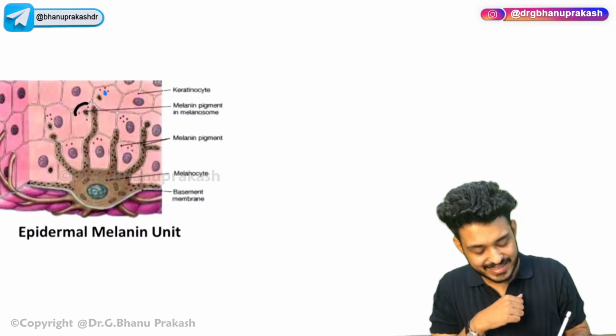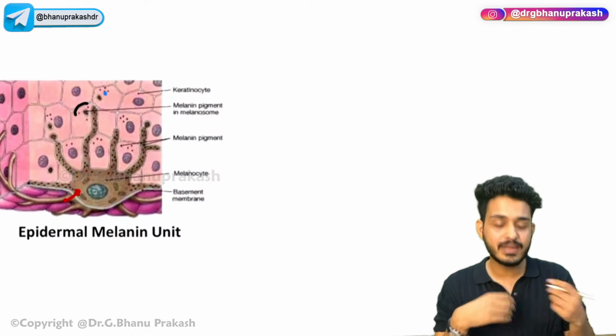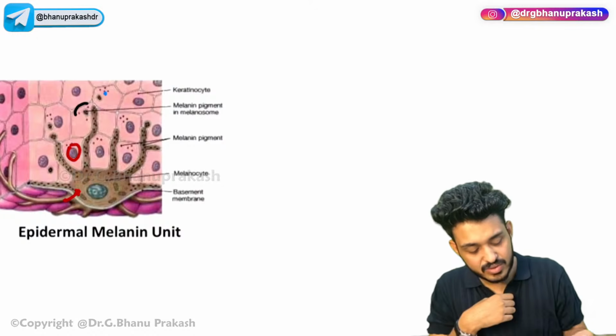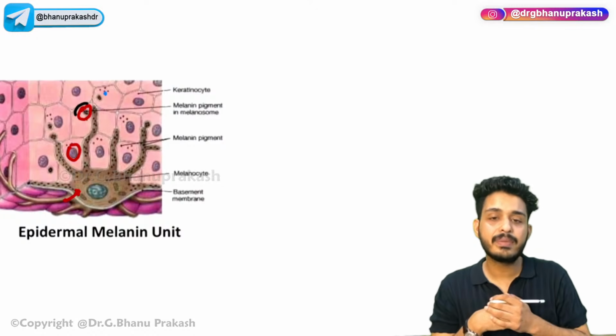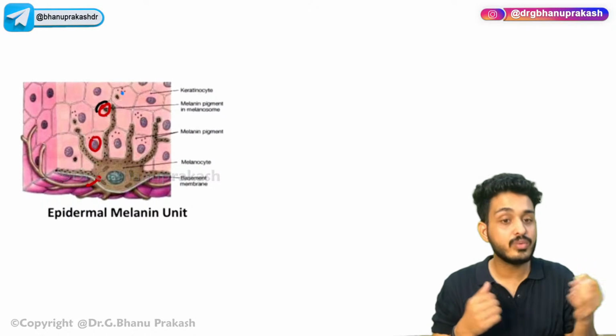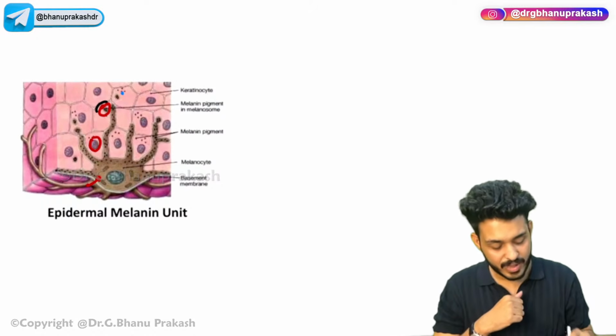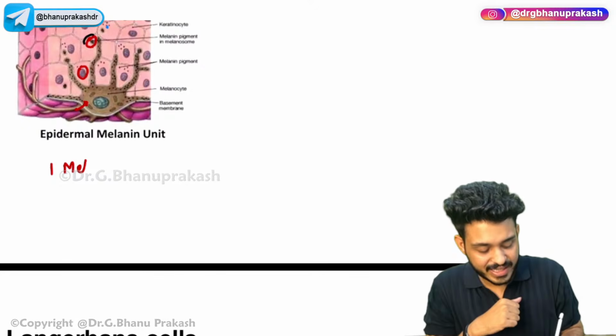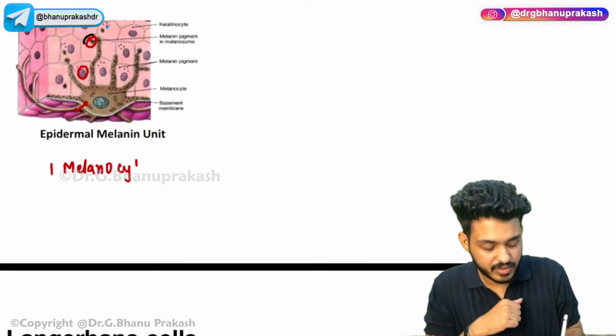So try to understand, this is a melanocyte, it will be giving what, sir? It will be giving your melanosomes. These are your melanosomes. They will have melanin pigment inside, and that melanin pigment gives color to multiple keratinocytes. How many keratinocytes will one melanocyte give color to? Try to answer, guys.